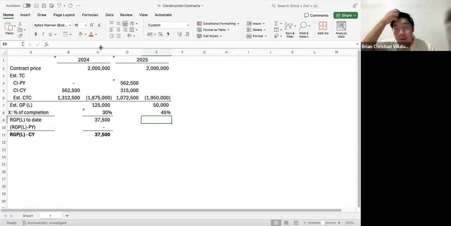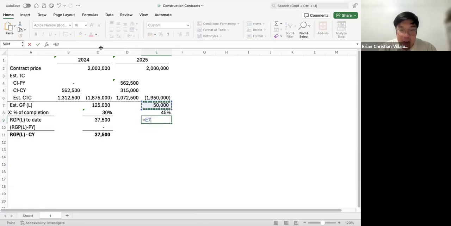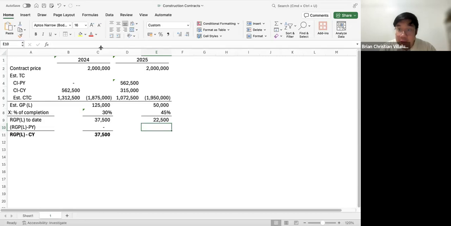Kasi naka-input approach tayo. Do you follow? Sige. So, get or compute for the RGP to date, 50,000 times 45%, we get 22,500. That is still cumulative in nature because it includes the prior year also, which is 2024.